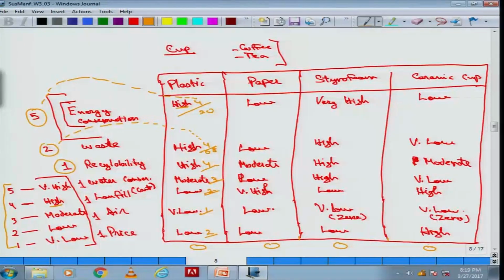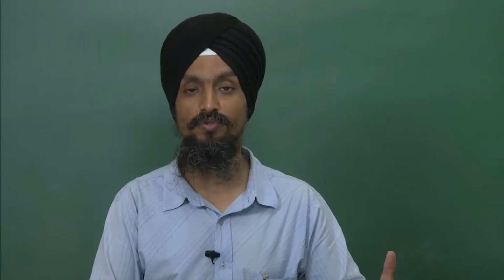It all depends on these values which are given. I will find that the ceramic cup is the winner here. The ceramic cup can be reused, we can wash it again and keep using it.